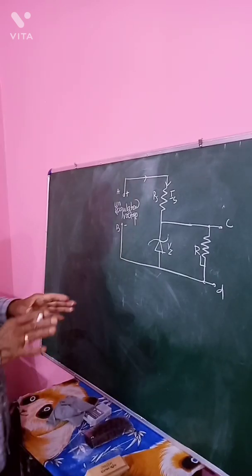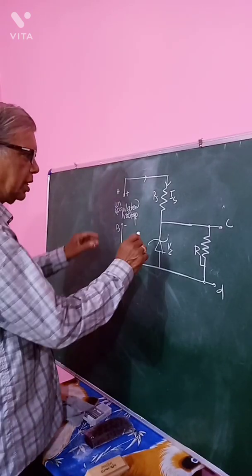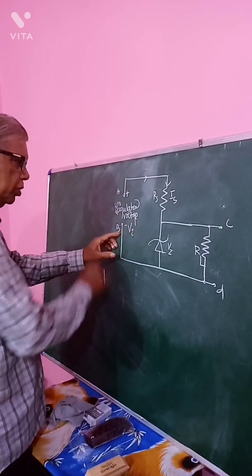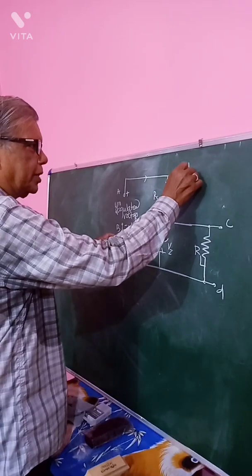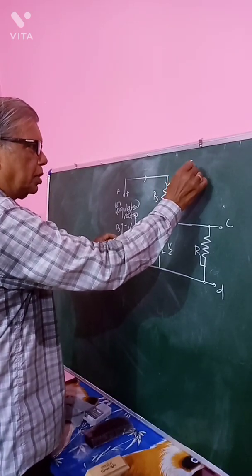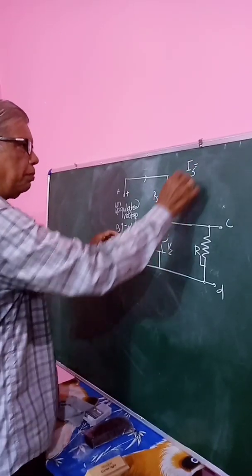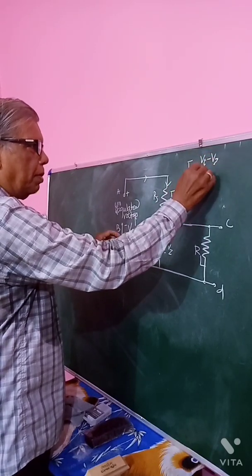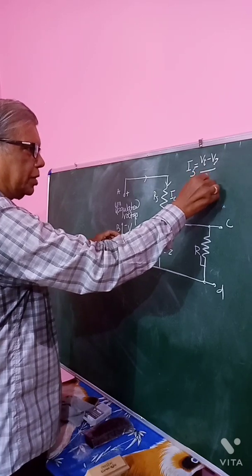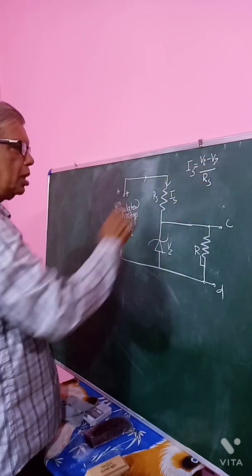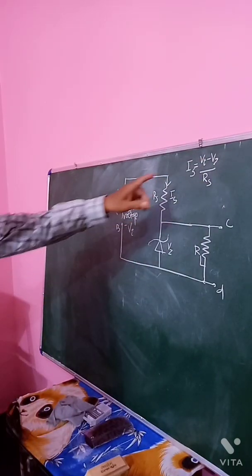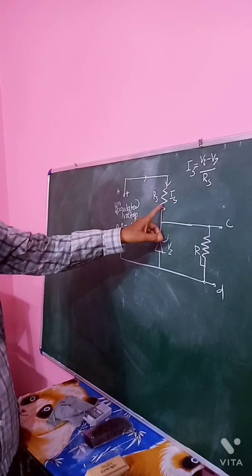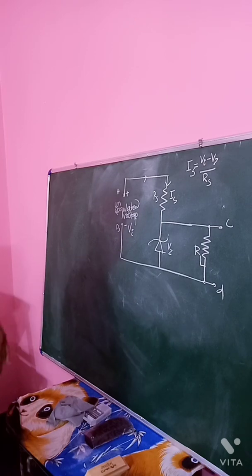So what are the very important relations? If Vi is the input voltage, then Is should be equal to (Vi minus Vz) by Rs, that is, R equal to V by I. So current Is into resistance in series Rs equals Vi minus Vz.